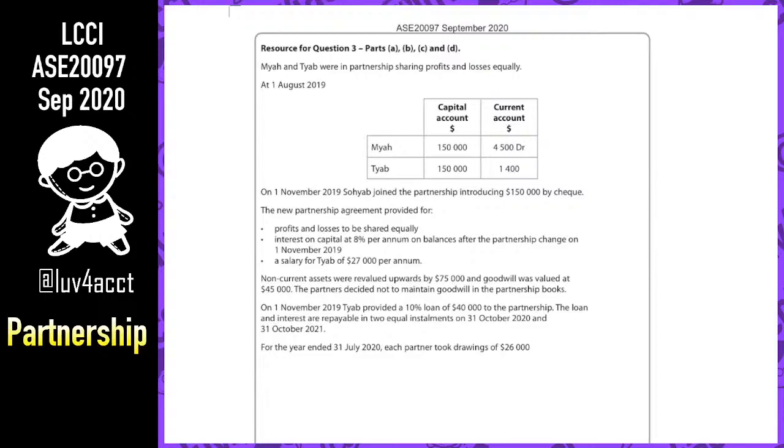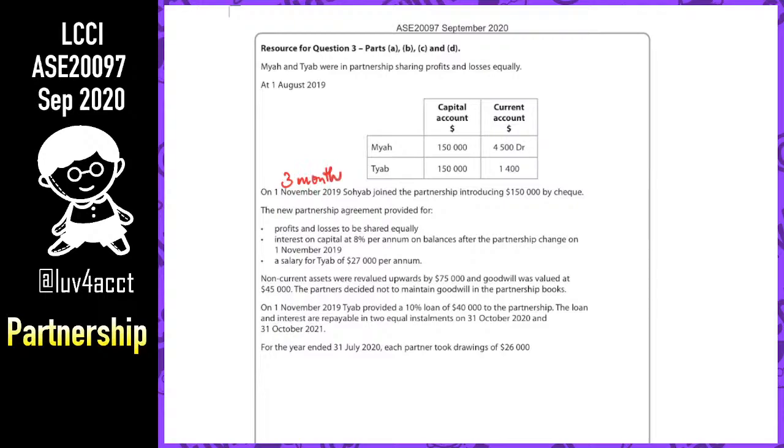We have two partners who share profit and losses equally, and the opening balance is on the 1st of August. After August we have something on the 1st of November. That is how many months afterwards? August, September, October, so 3 months afterwards.